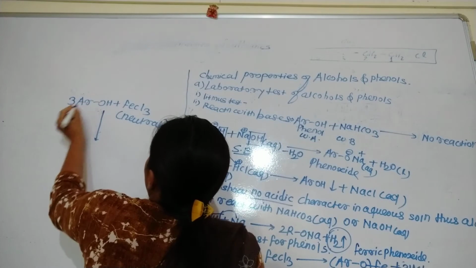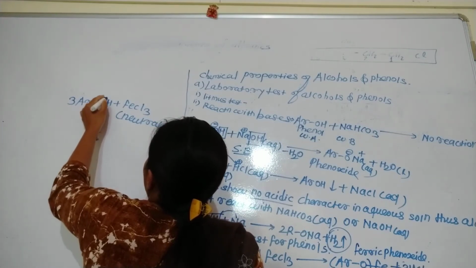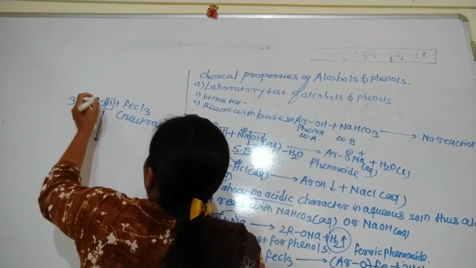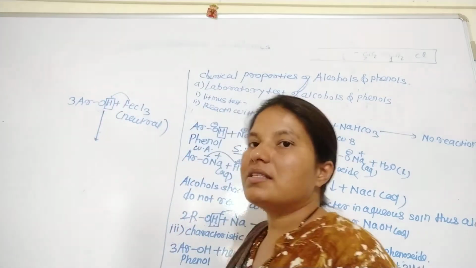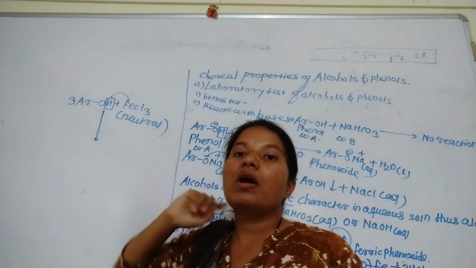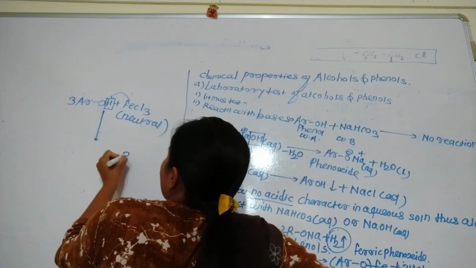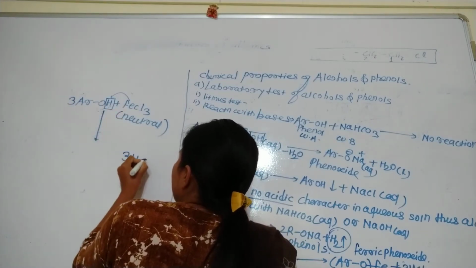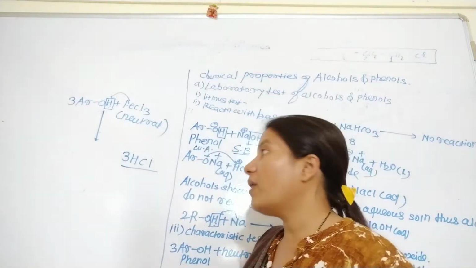This is the phenol, and the hydrogen atom of the phenol is replaced by Fe. I have used 3 moles of phenol, so there are 3 hydrogen atoms, and these 3 H and 3 Cl combine to form HCl as a byproduct.